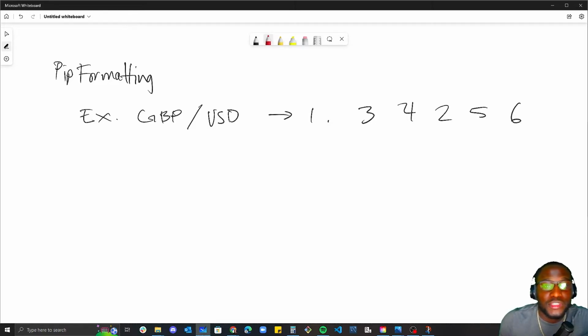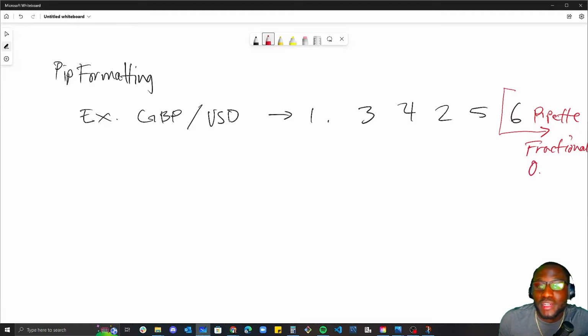The way this exchange rate is formatted, this 5th decimal place right here is called a pipette, and it's a fractional pip.